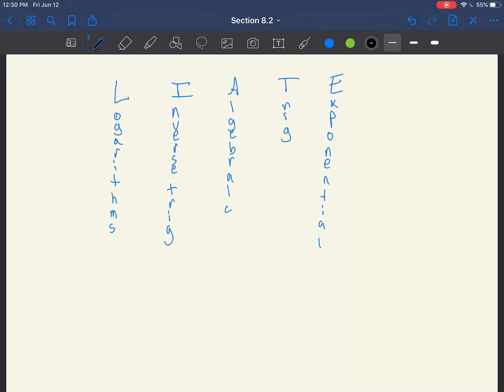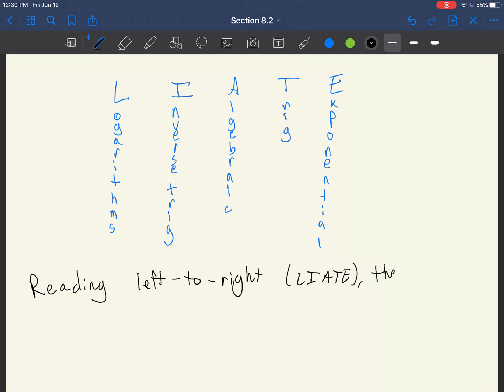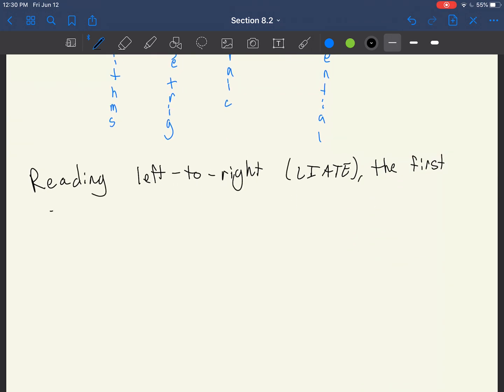All right, so, cool, you remember LIATE. What does this mean? If you read this left to right, in the order LIATE, the first expression to appear in the integral should probably be u.